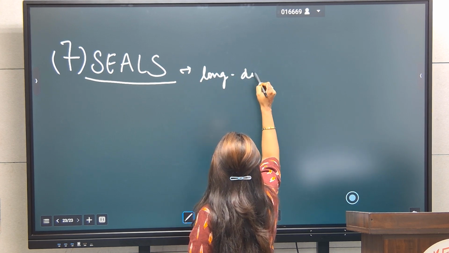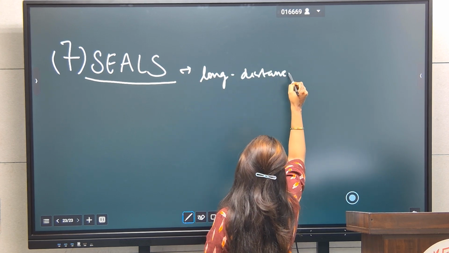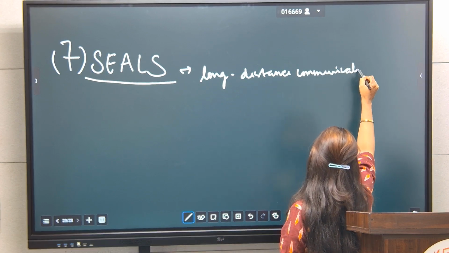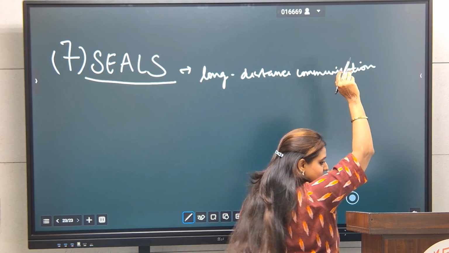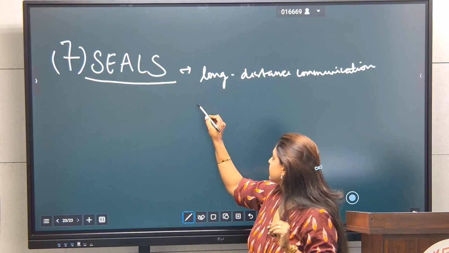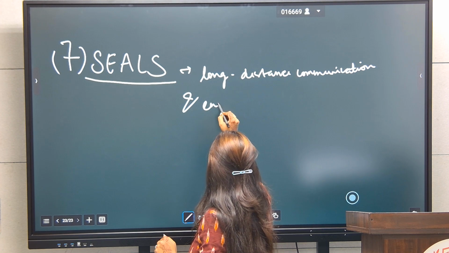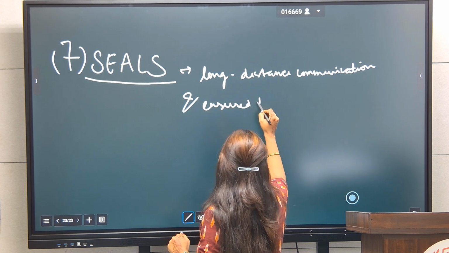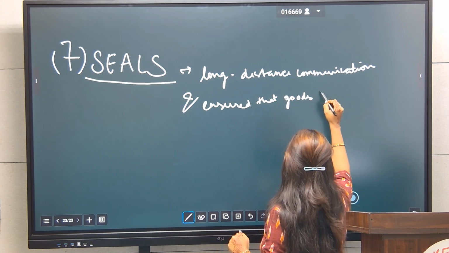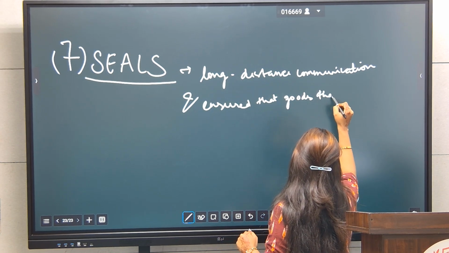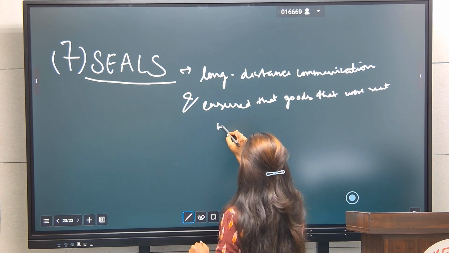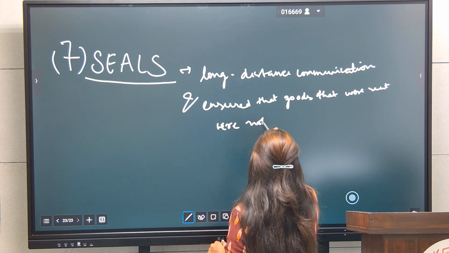Seals were used for long distance communication, and they ensured that goods that were sent were not tampered with.